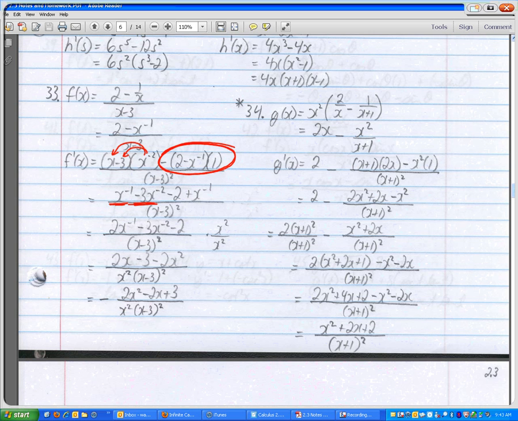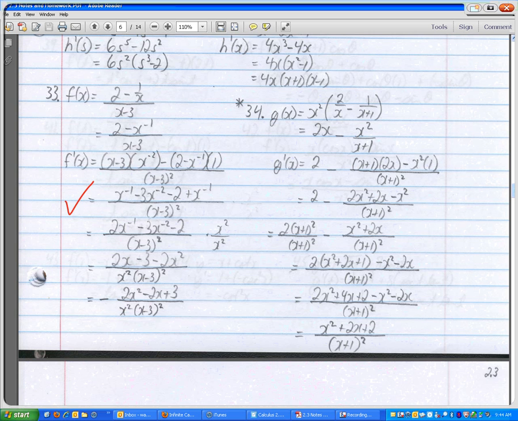See what I'm circling? I need to distribute a negative, and I need to distribute a 1. So how about distributing a negative 1? That gives me a negative 2 and a positive x to the negative 1. Do not change your denominator. You follow me this far?